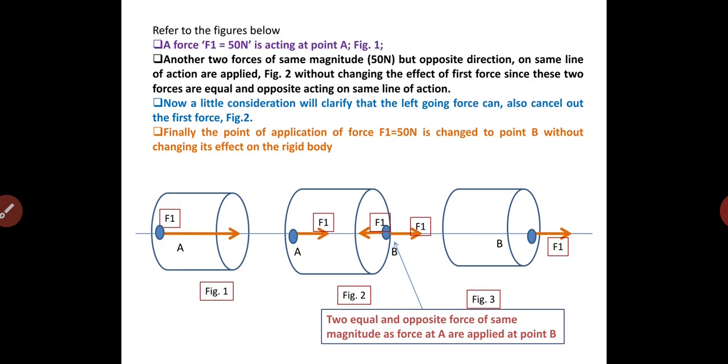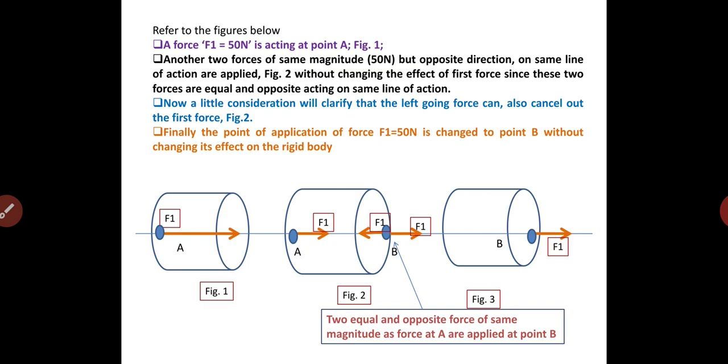Then we can say that we have shifted the force from point A to point B without changing its magnitude, line of action and direction, and the effect of this force on the body will be the same as it was earlier when it was acting at point A. Here the most important consideration is that the body is rigid. There will not be any strain developed in the body because we have considered it rigid.